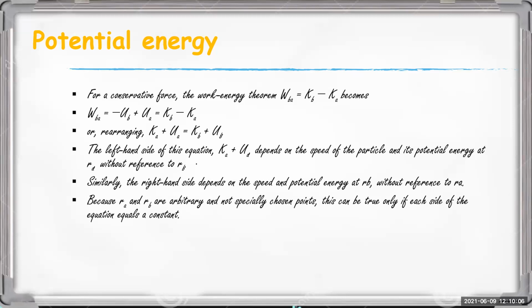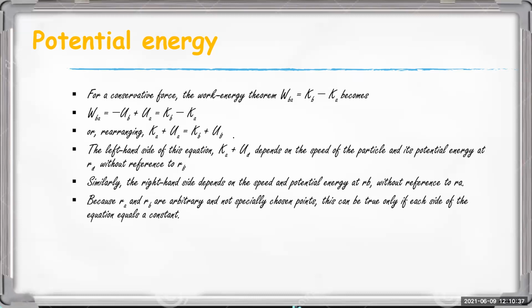So this can be true only if each side of the equation is equal to some constant. This comes from mathematics, because if these two sides are independent and they are equal, then each side must be equal to some constant.